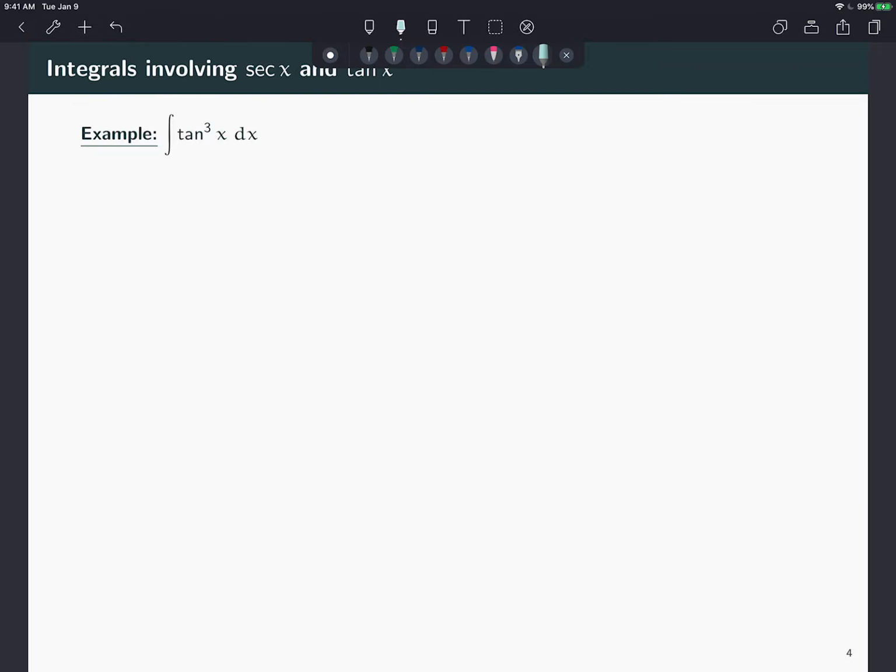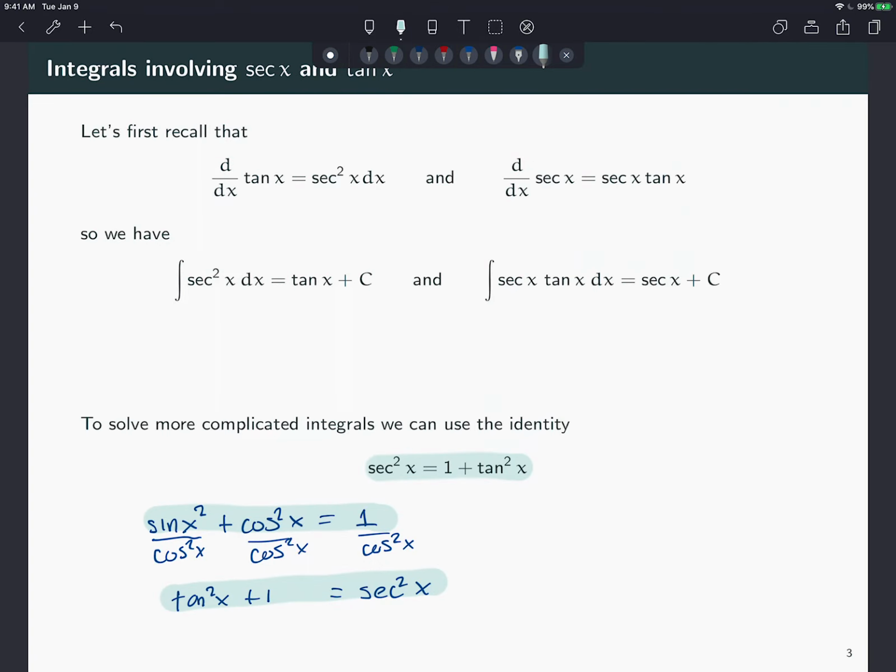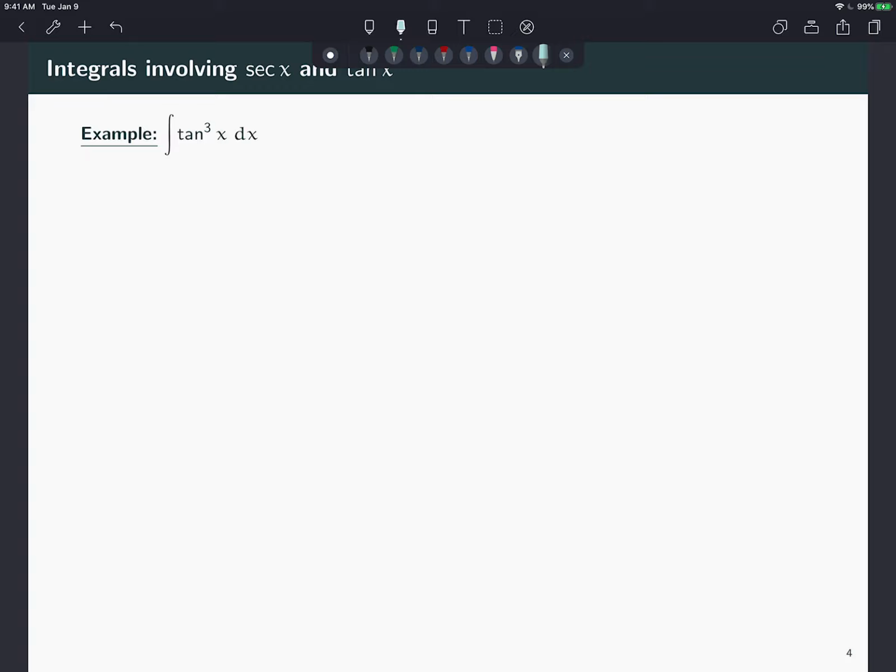Well, I'm going to try to use these identities, and somehow use that the derivative of tangent is secant squared, and the derivative of secant is secant tangent. Now how am I going to make it work here? Well, it's going to be a little bit complicated because I have a tangent to the third power. So one way we can do this is, let's split this up like tangent squared times tangent.